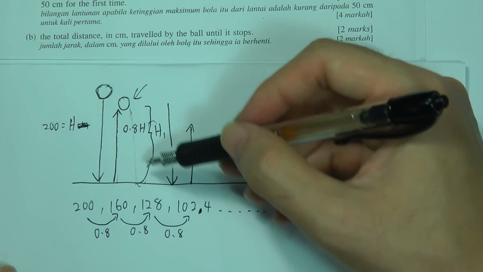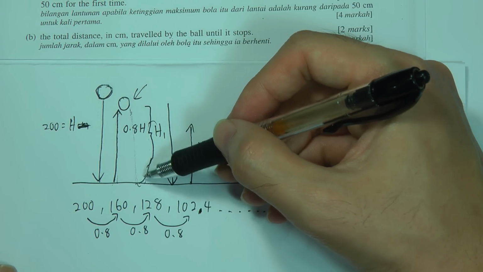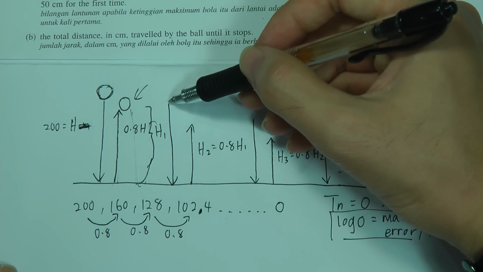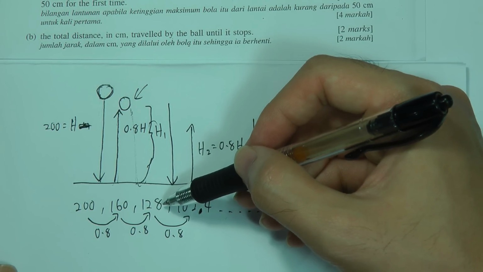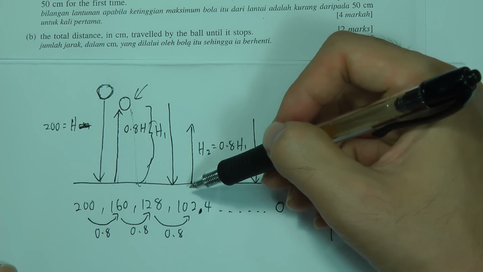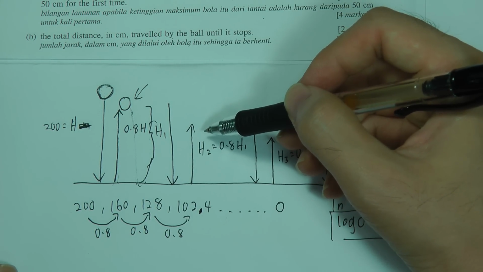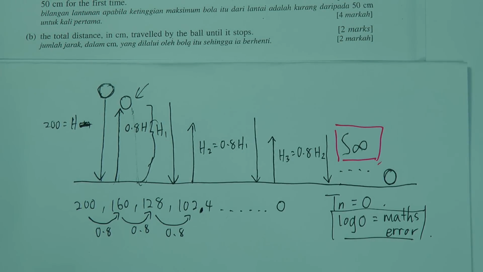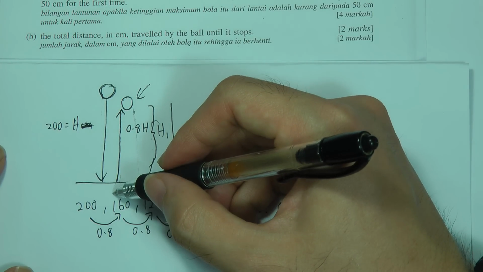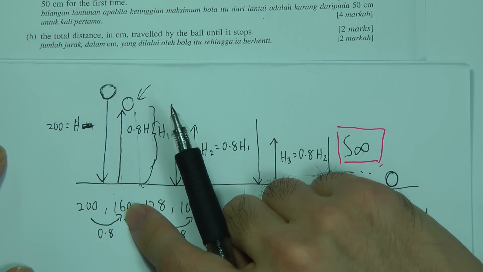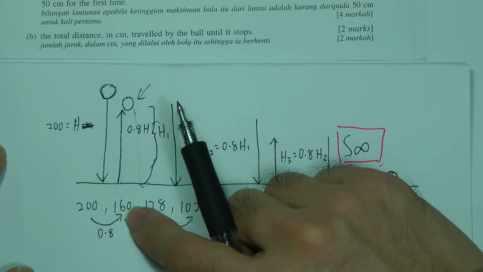You got 160 and the drop down is 160 also, and then bounce up 128, he will drop down 128 also. Then he will bounce 102 and drop down 102. So from 160 onwards, the distance is doubled.